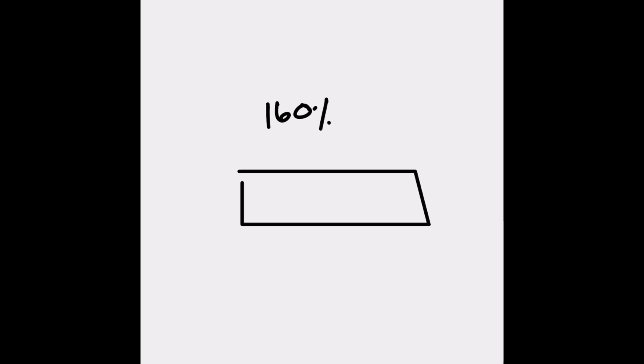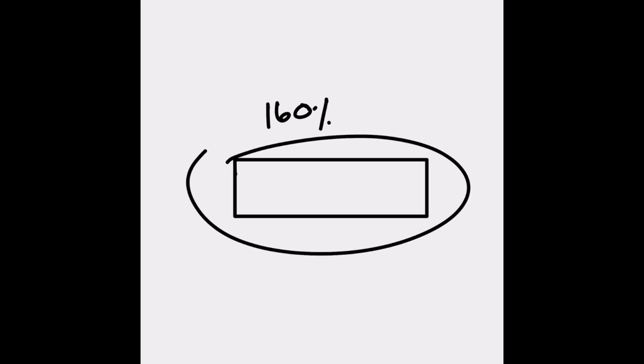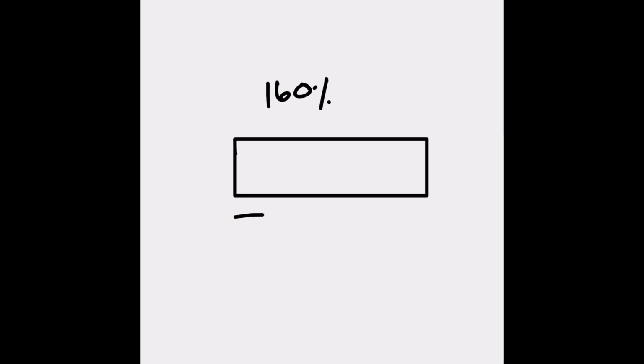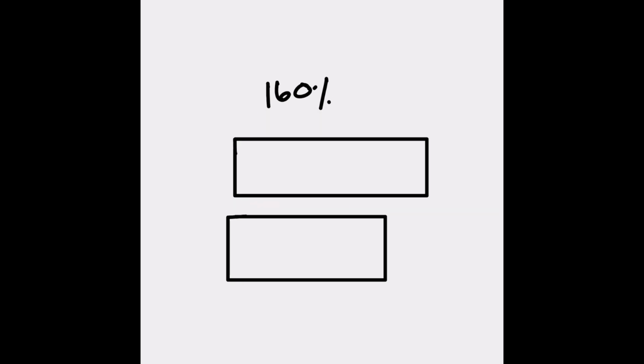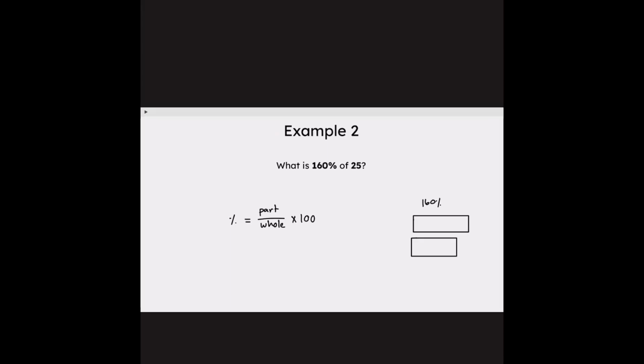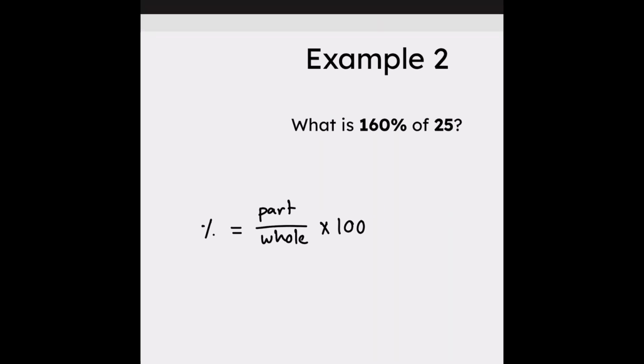That's like saying, if I can draw this correctly, that's like saying we're going to take this entire chocolate bar plus another 60%. So we have the whole plus more. That's what 160% is.